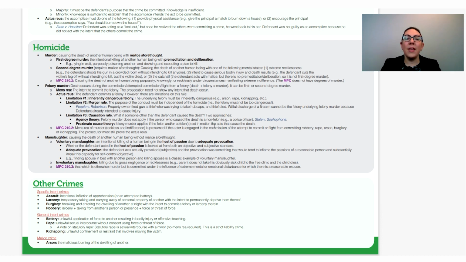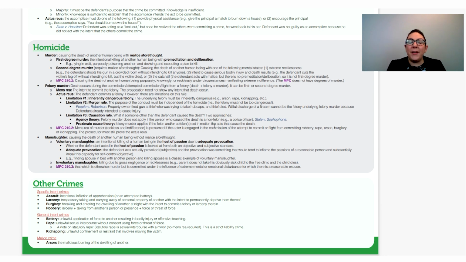Finally, we have involuntary manslaughter. This occurs where you have a killing that is due to gross negligence or recklessness, not extreme recklessness. Remember the person who walked into the crowded shopping area and fired their gun, that's extremely reckless. This is a little bit less than that. Gross negligence or just recklessness satisfies the requirements for involuntary manslaughter.